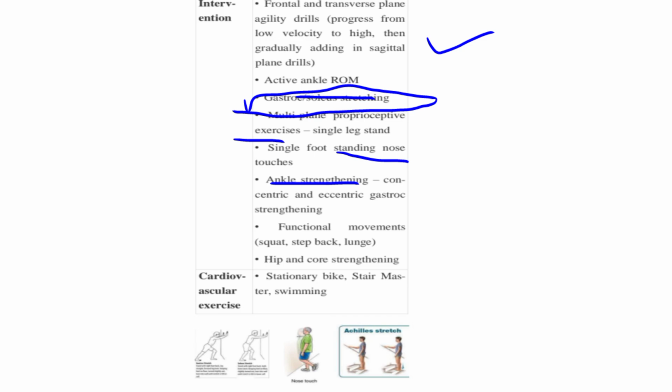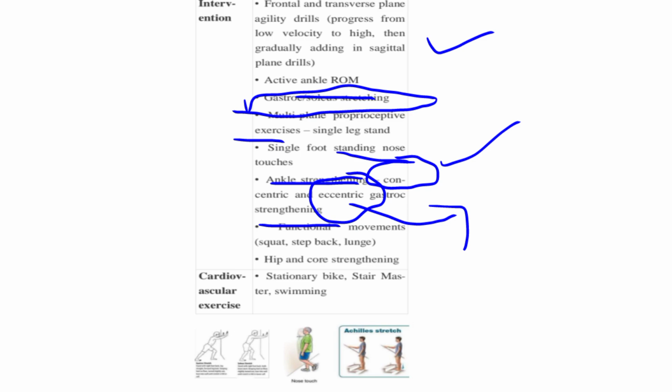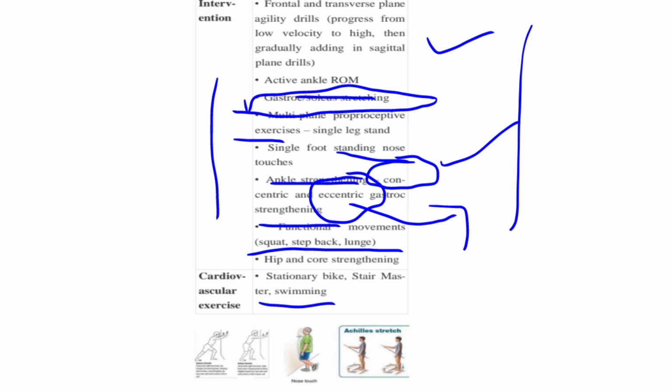Concentric and eccentric gastrocnemius work: concentric is when the muscle is contracted and shortened, and eccentric is when the muscle is contracted while lengthening. Squat, lunges, and step back exercises are also for strengthening. Cardiovascular exercises play a very important role for blood circulation. You can see the Achilles stretches.